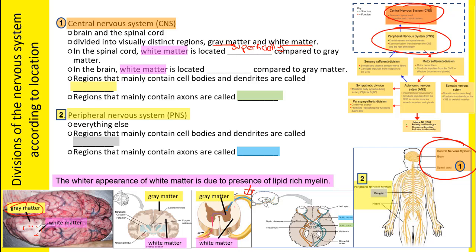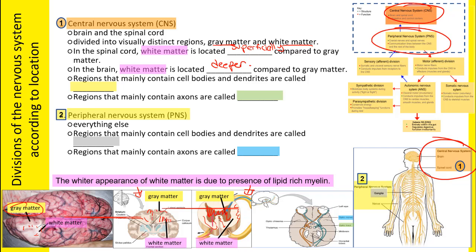The white matter is on the outside of the spinal cord and the gray matter is on the inside. So the gray matter is located deep, and white matter is located superficially. In the brain, the white matter is located deeper compared to gray matter. So you can see here white matter on the inside, deeper, and gray matter on the outside, more superficially.